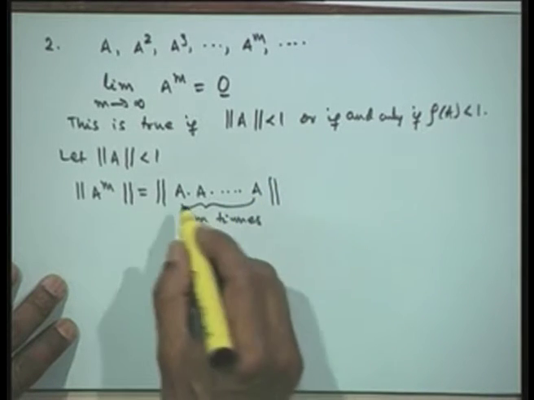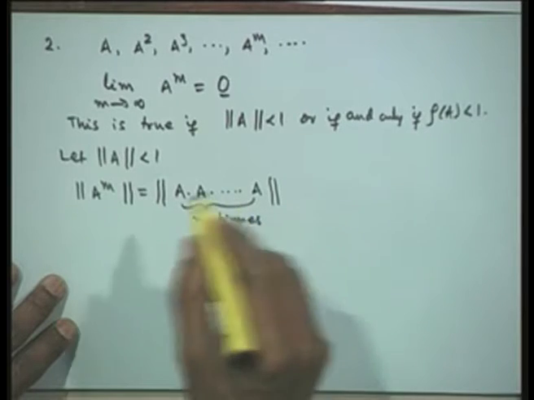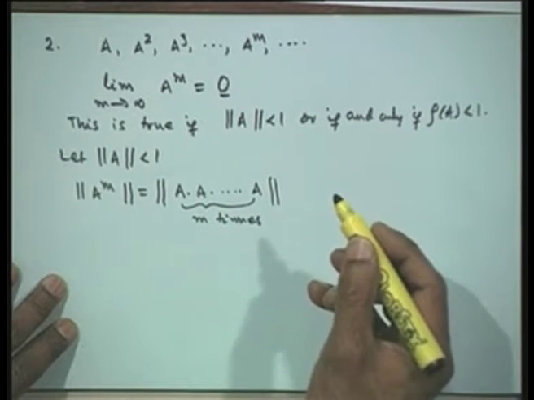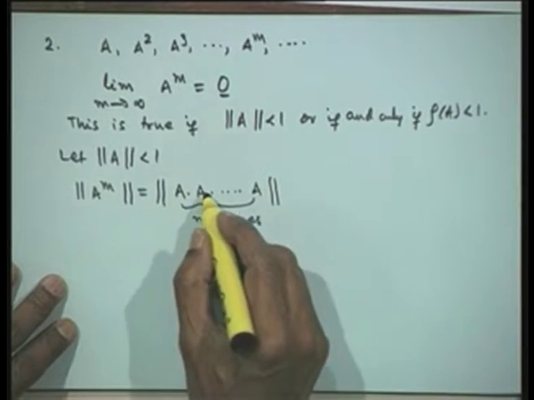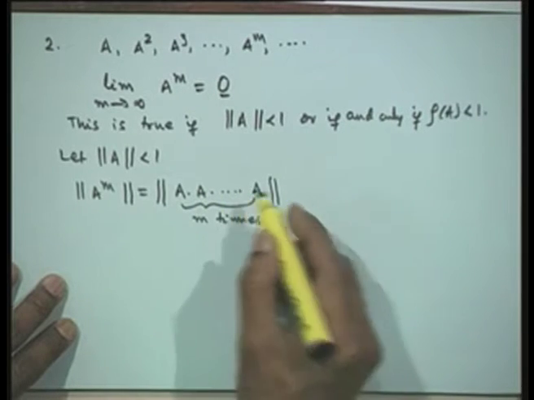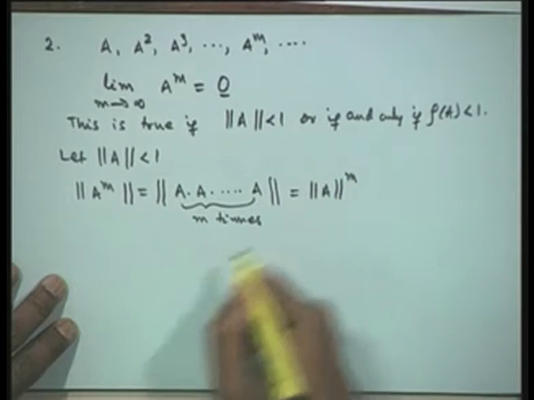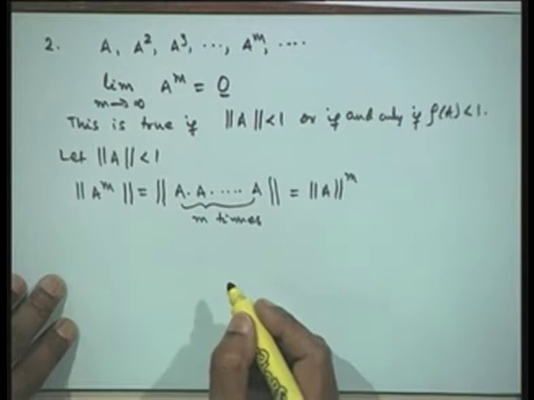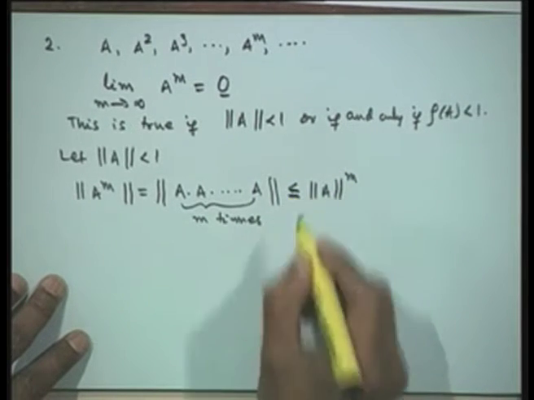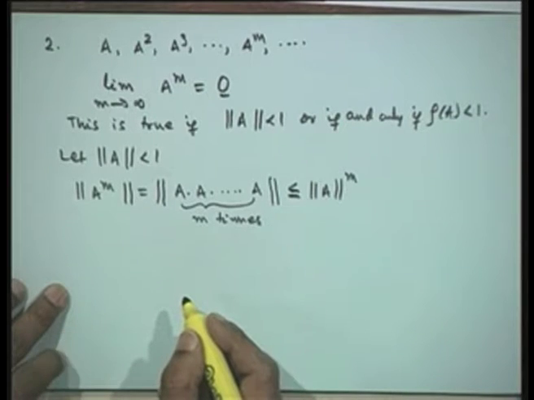Then I will use the result norm of A into B is less than or equal to norm of A into norm of B. So this will be less than or equal to norm of A to the power of m.